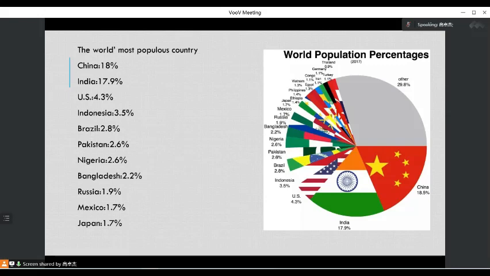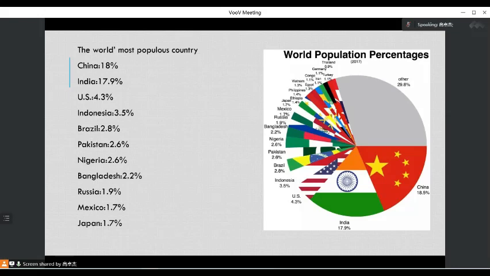From this picture, we can see that China is the most populous country in the world, and the total population of China accounts for 18% of the world's total population. Now it has reached almost 20%.